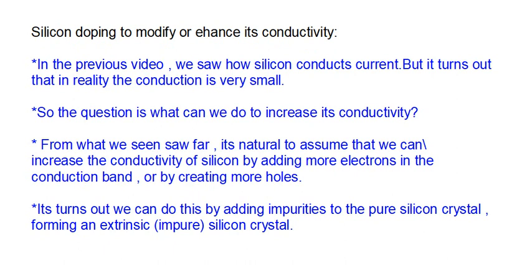If you remember, in the previous video, we saw how silicon conducts current. Even though we showed that silicon conducts current, it only conducts a very small current, and this is not desirable for applications.